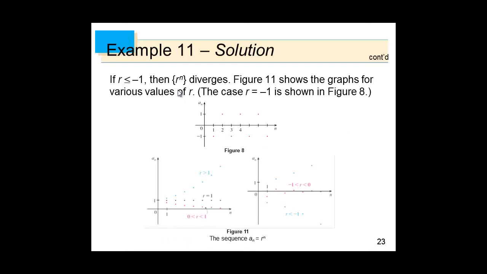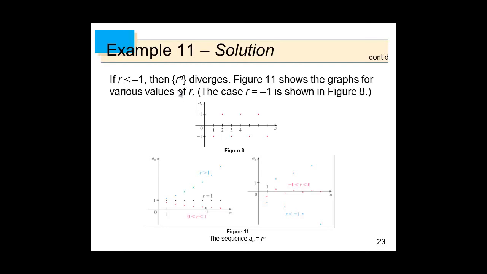What happens when r is less than or equal to -1? What happens when r is exactly -1? Yeah, it's alternating, -1, +1, -1, +1, right? So it's an alternating sequence, and obviously it has no limit. So it is divergent when r is exactly -1.